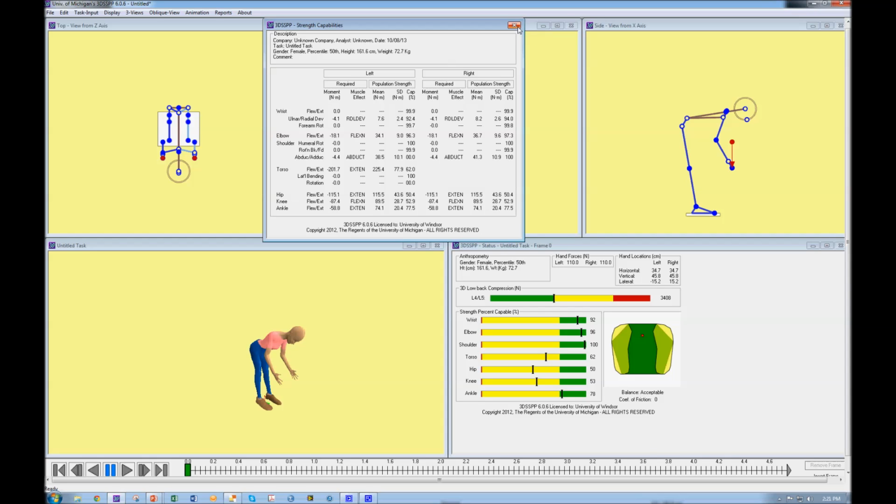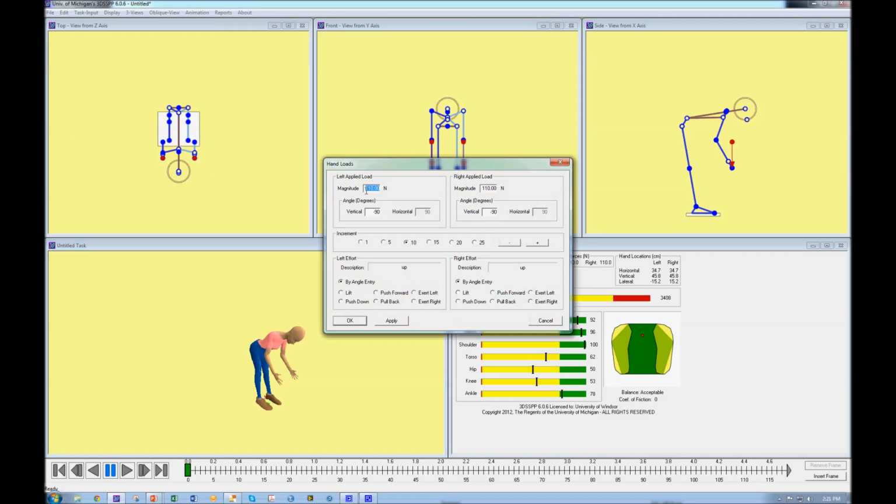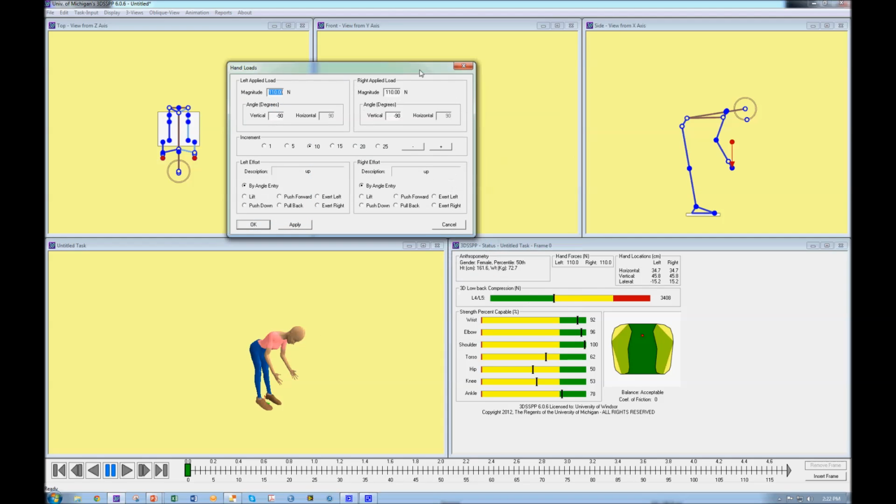We can go back into the hand loads and start changing these values, and you're asked to do this in your lab, changing these values to see at what value could be exerted such that we don't exceed the compression and we don't go under 75% of female population strength. So what we see here is 50 newtons; we tried 110, and we now move to 50 newtons in each hand, so a total of 100 newtons.